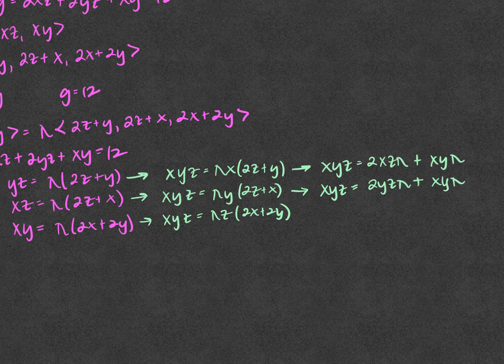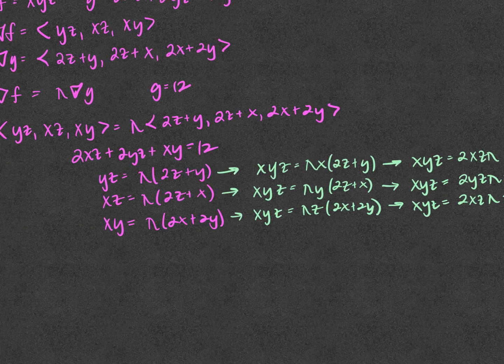Notice those are very similar. And this says xyz is equal to 2xz lambda plus 2yz lambda. Now, in a general case, this lambda could be 0. But if lambda is 0, then all of these are 0, because the right-hand side would be 0 times anything, which is 0. So lambda should not be 0.